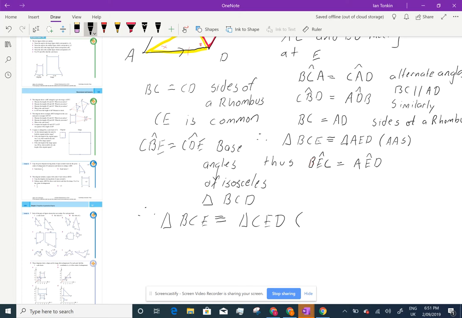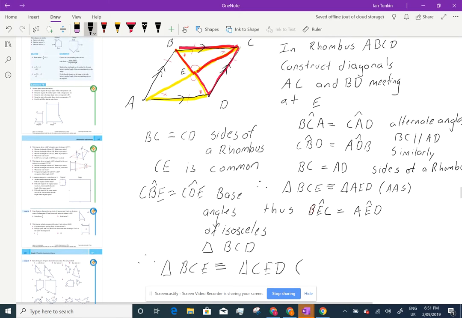Why? Well, what have we got? Two sides and, oh, it's not the included angle. It's not the included angle. Two sides, we haven't got the included angle.